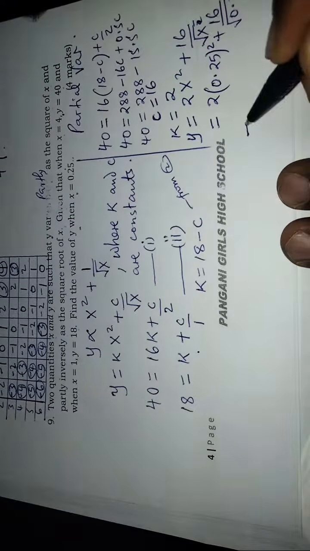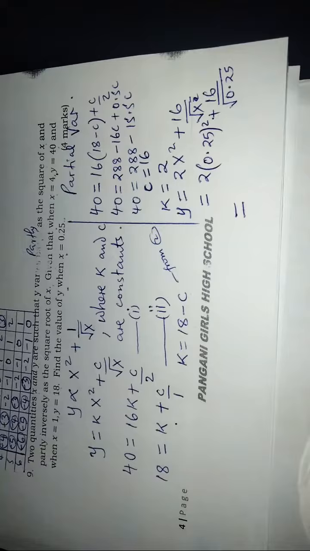Therefore, now we can carry out this computation and we get the value of y. So we're going to have 2 into 0.25 squared, 2 multiplied by 0.25 squared.